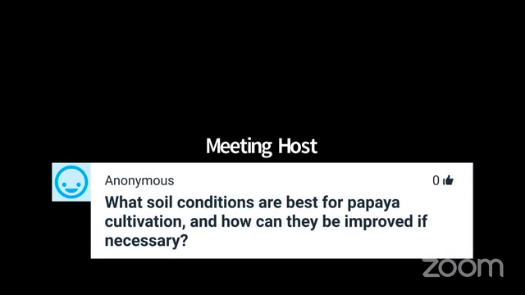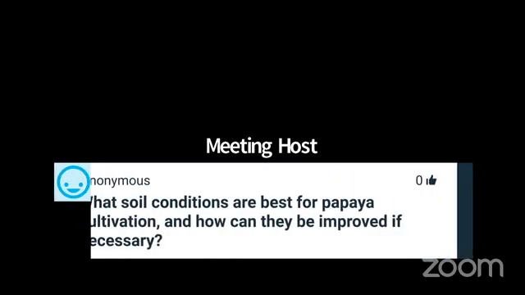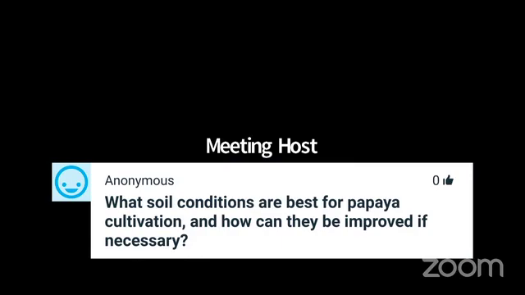What soil conditions are best for papaya cultivation and how can they be improved if necessary? As said, well-drained soil, sandy loamy soil is good for papaya, and medium black soil is also good.